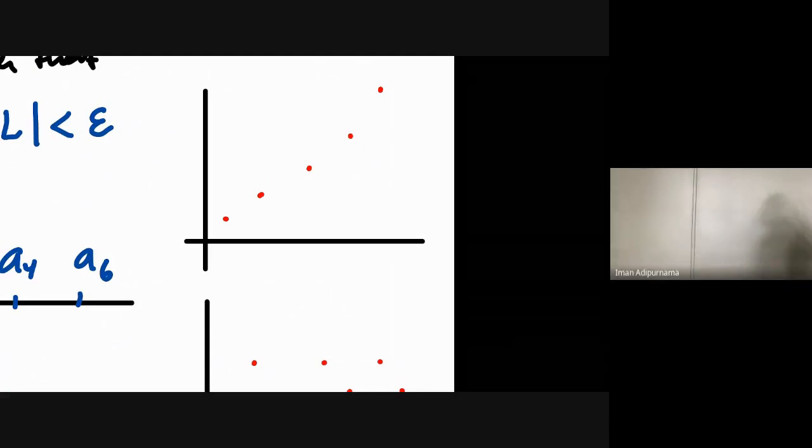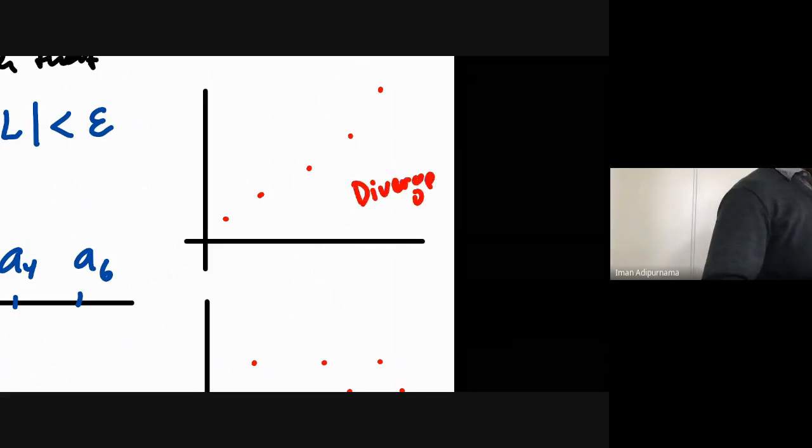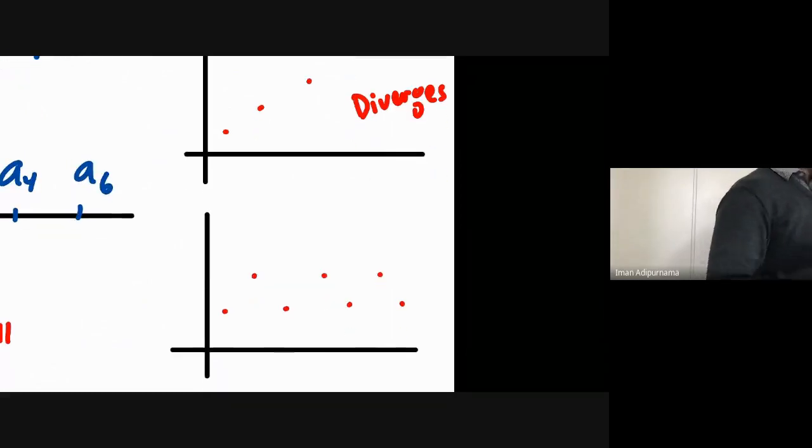If it is increasing without any boundary, then it will be divergent. And if you have this, it's like a sinusoidal, going up, going down, going up, going down, and it also doesn't have any boundary that the sequence will settle to, right? This is also divergent.